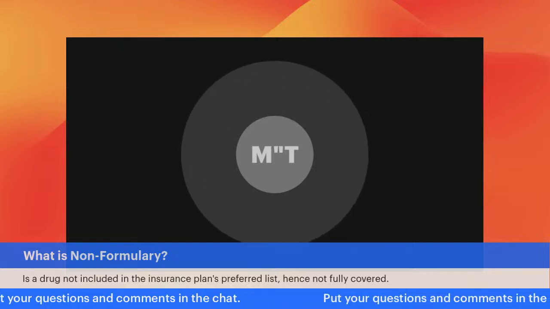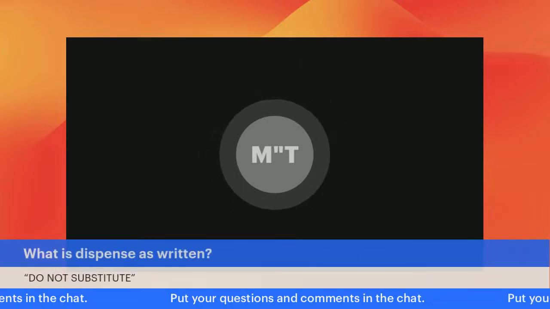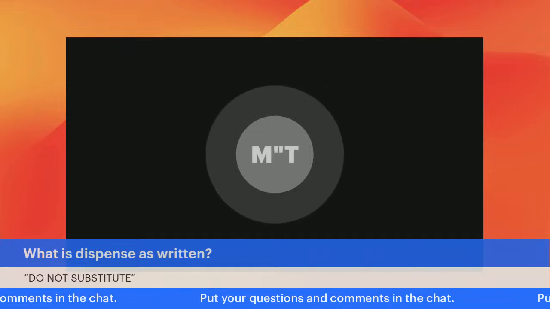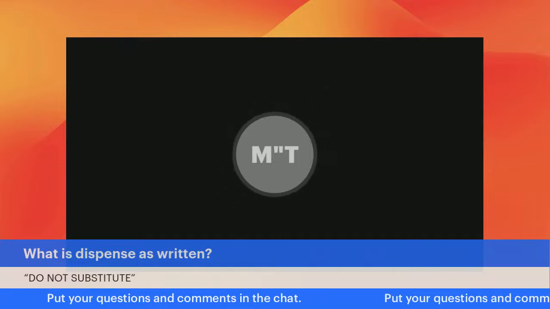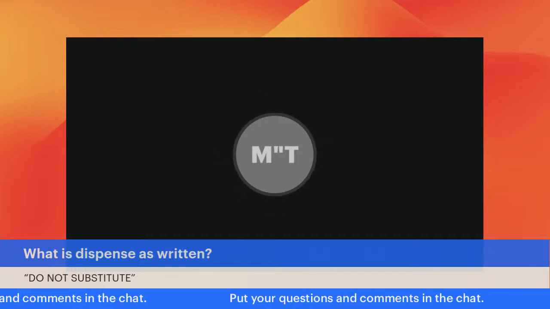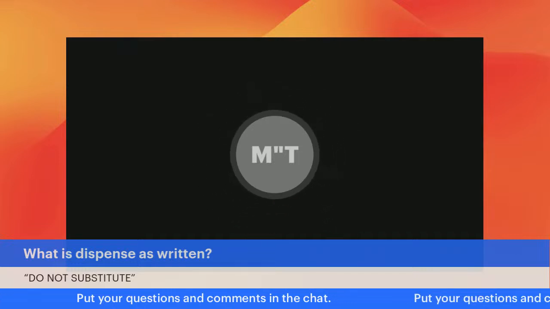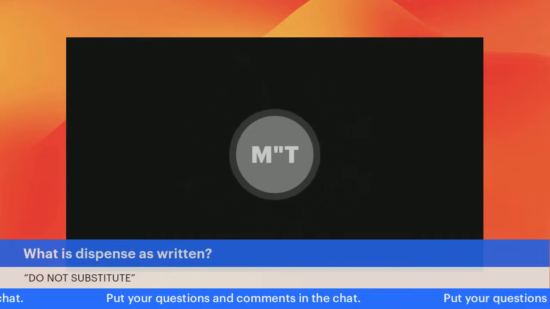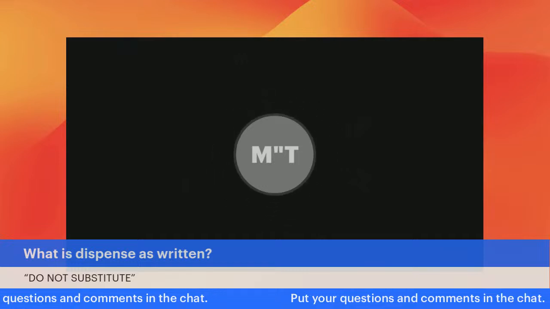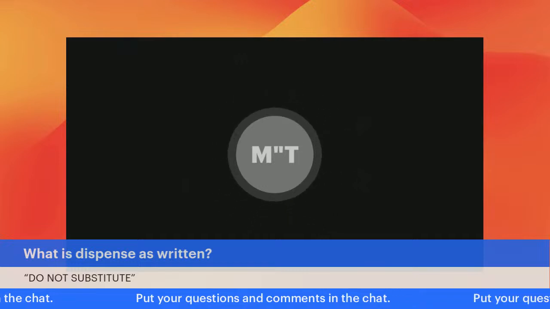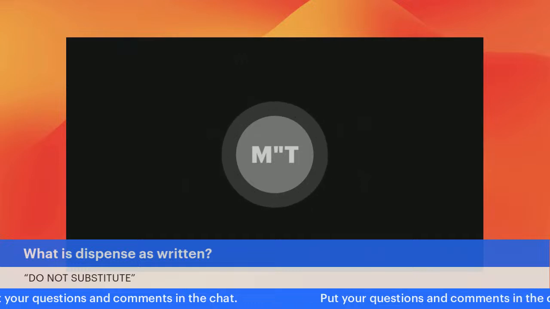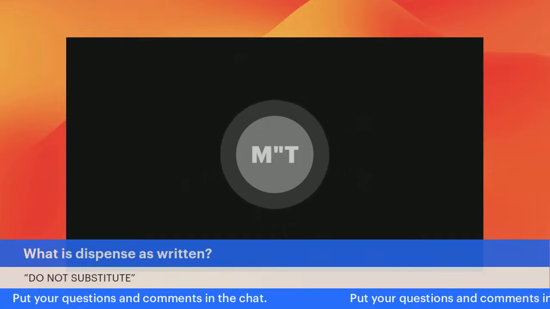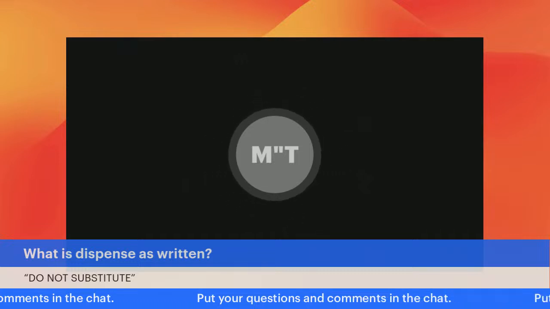And then on the flip side, you have that third component, which focuses on dispense as written, do not substitute. Ladies and gentlemen, this is when it gets critical. This is going to be isolated to specifically talking about conditions. Okay? That's when it gets tricky. Dispense as written, do not substitute. Stay with me, if you will, for a moment. I have hypertension.